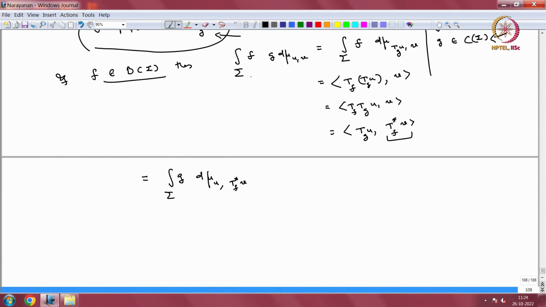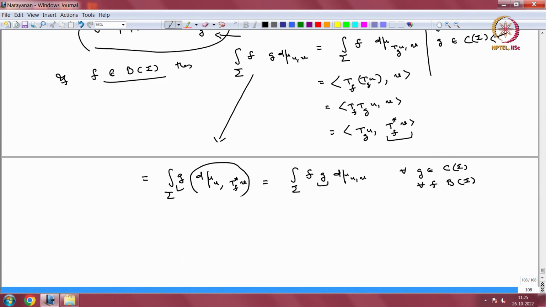So, we started with this, right. Let me write down that once again. This is equal to the integral of f g d mu_{u,v}, okay. This is true for every G continuous, right, and every F bounded. Okay. So, I have the G here and I have the G here. So, this measure and this measure will have to be the same, right.